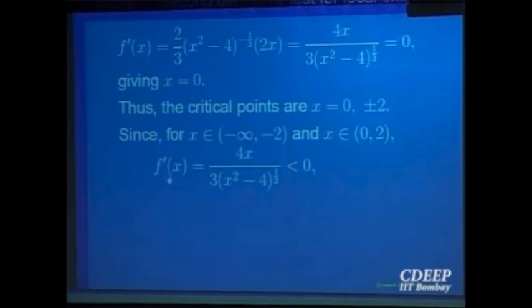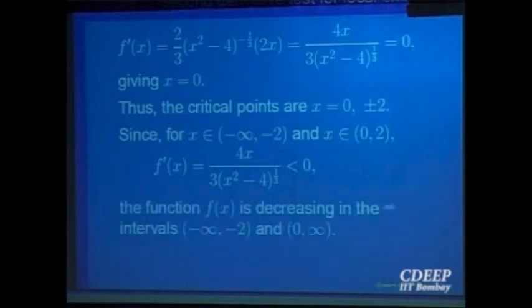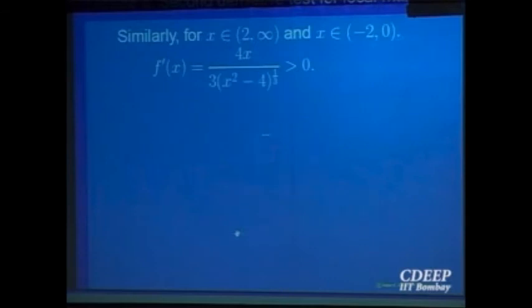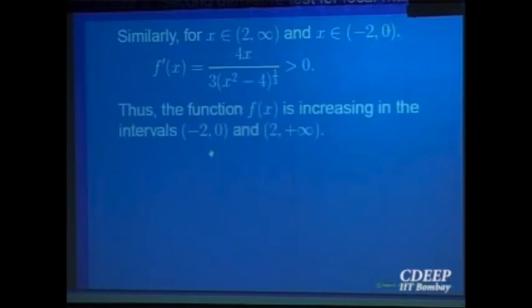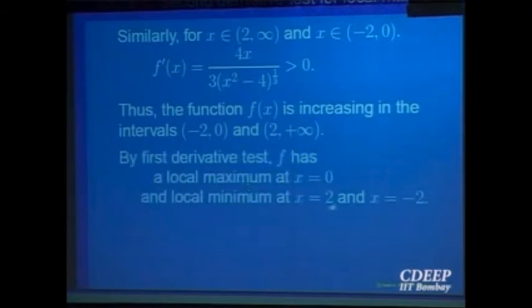Look at the first derivative in this portion, it comes out less than 0 because of the condition on x, and similarly the function is decreasing in this interval, and it is increasing on the other side. So you can conclude that the point x is equal to 0 is the local maximum, and the points plus minus 2 are points of local minima.